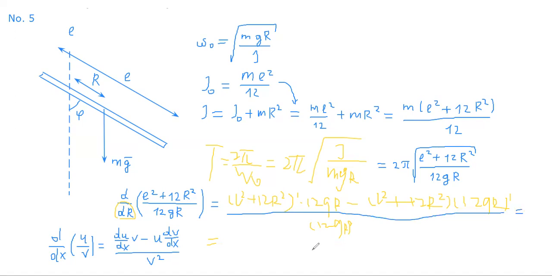So we have that this will be 24 r multiplied by 12 g r minus L to the power of 2 plus 12 r to the power of 2 times 12 g, and divided by 12 g r to the power of 2.